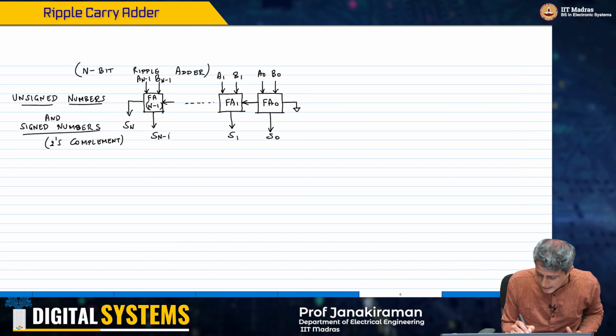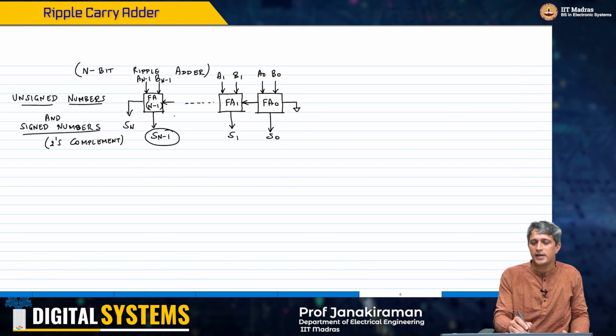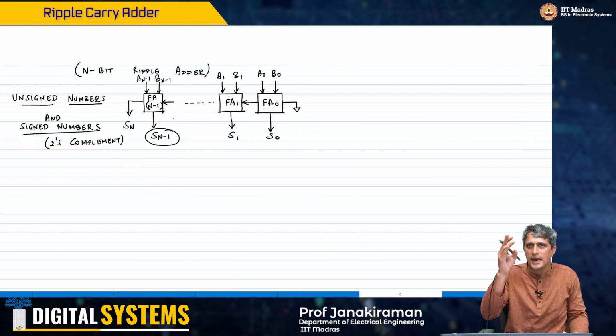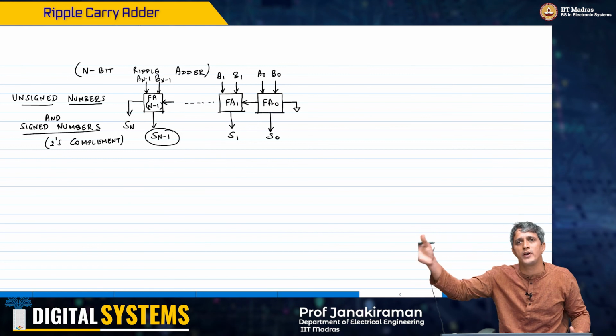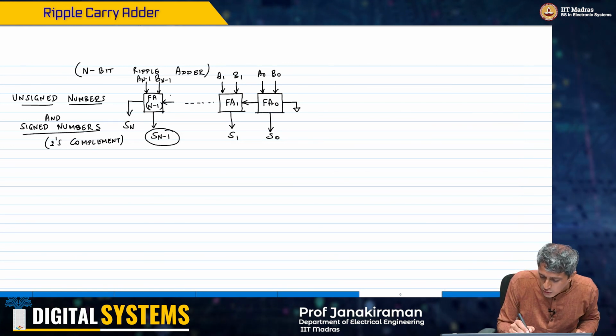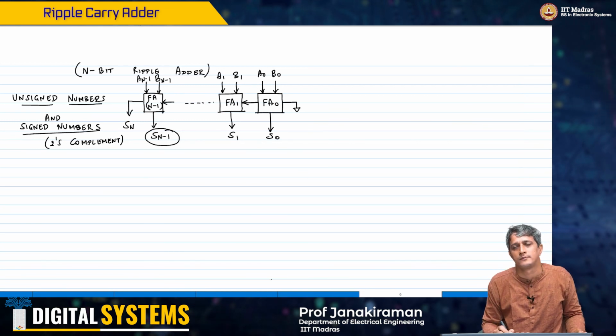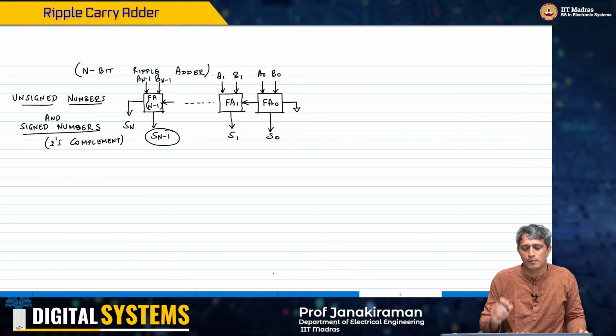So if you look at Sn minus 1, it is indeed dependent on A n minus 2, B n minus 2, A n minus 3, B n minus 3, all the way to A0, B0, but it actually takes only the carry in at bit n minus 2.